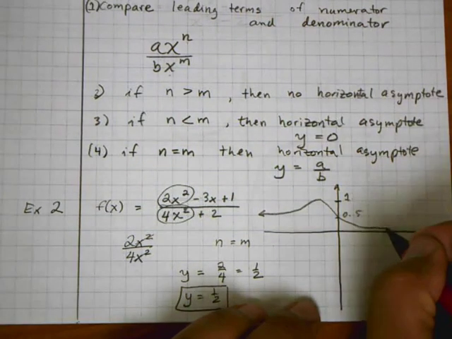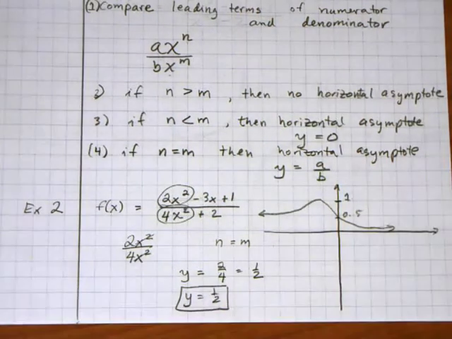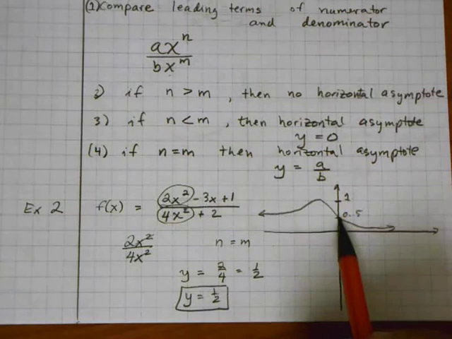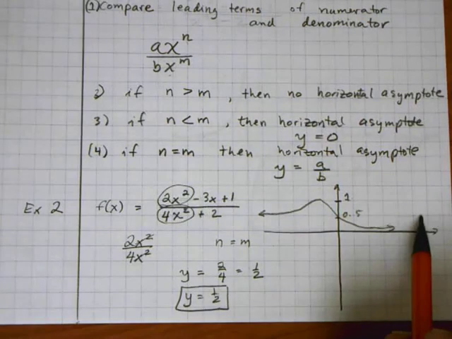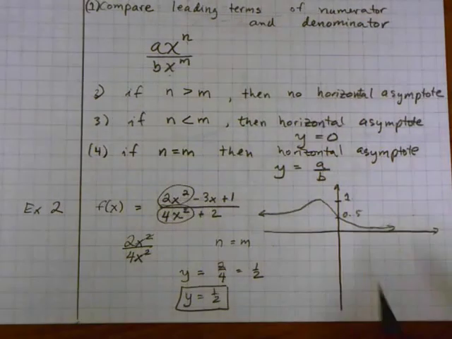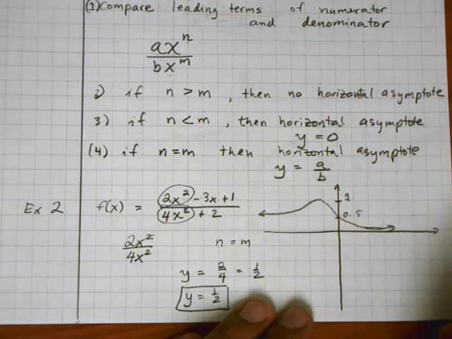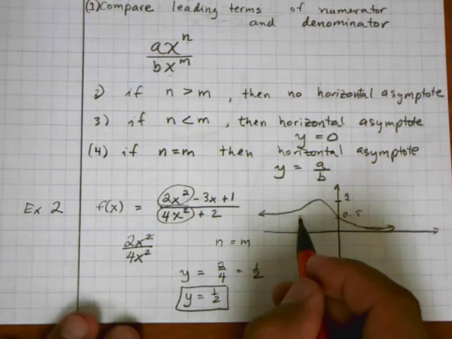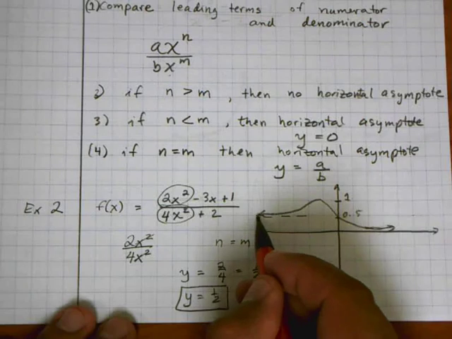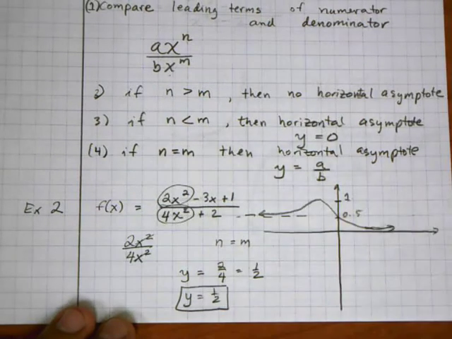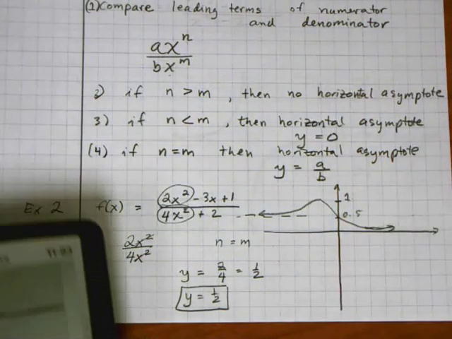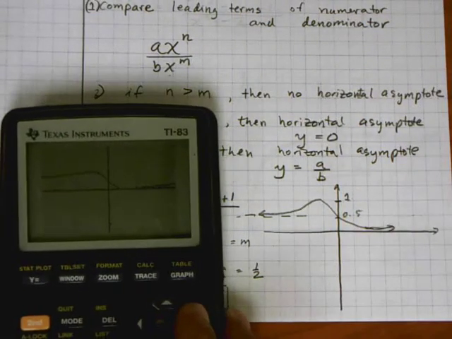Now, this graph actually illustrates a very interesting example. If we go towards the right, the graph actually heads down towards 0 and then bounces back up. But if we go towards the left, the graph actually goes closer and closer to 0.5. And so I'm just going to put this graph here.